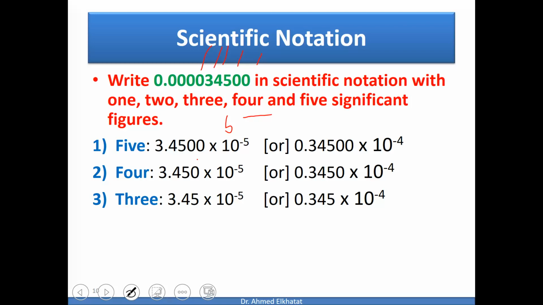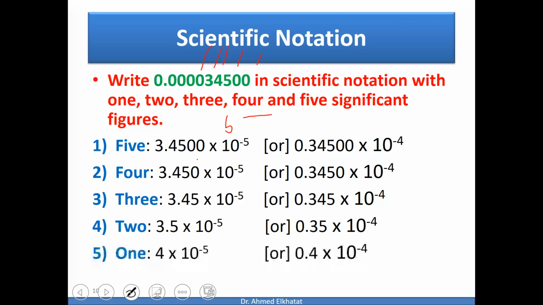Now I want to make less significant figures, or more uncertainty. Okay, so I can here check the 5. 5 should be rounding up, so it will be 3.5. Okay, now I want to make one significant figure, so now check 5, so it will be 4 times.